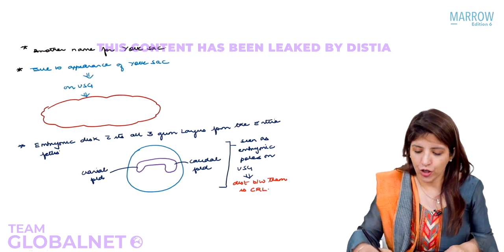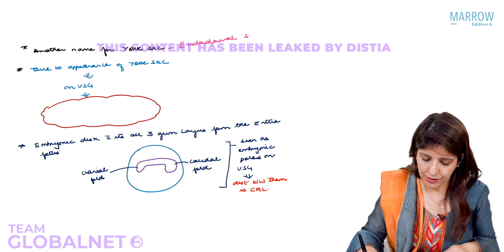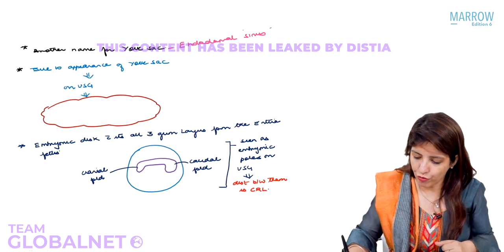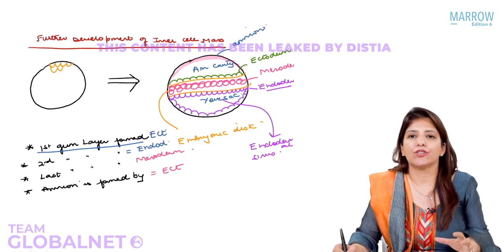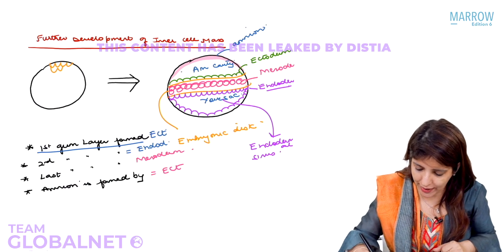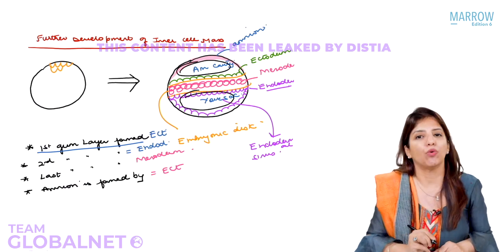Now another name for yolk sac, just now I told you, is endodermal sinus. Because of the appearance of yolk sac, on ultrasound you are going to get 2 cavities, right? One cavity is the amniotic cavity and the other cavity is the yolk sac.